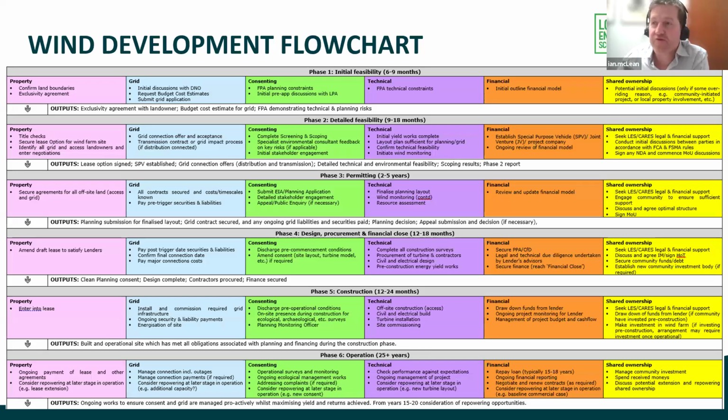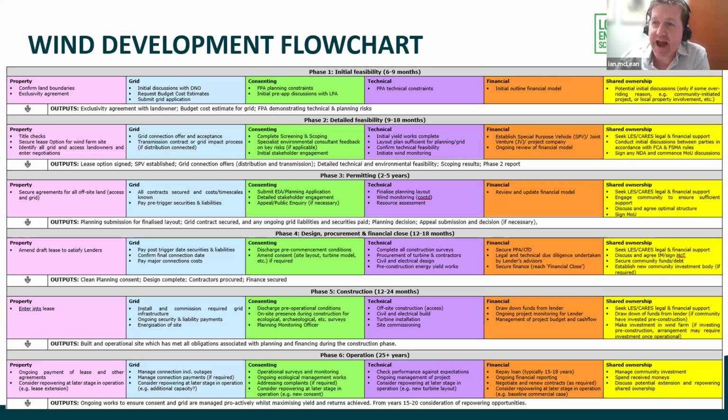Moving on, this was one of our key deliverables, and I apologize, I appreciate this is a very busy slide, and you may not be able to read it particularly well. I made it as big as I could. We were very proud to manage to get all of this onto one A3 page in the report, so when it's available, I would definitely recommend you go and have a read through.